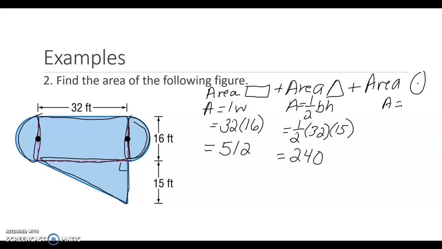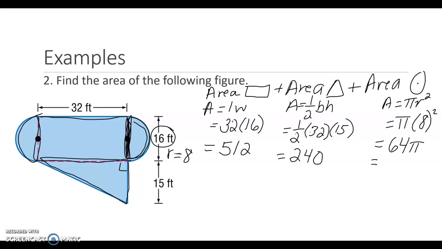Area of a circle, pi r squared. So this 16 is symbolizing the entire diameter of the circle, meaning that the radius is half of it, which is 8. So pi times 8 squared, which is 64 pi, which is approximately 201.1 square feet rounded.